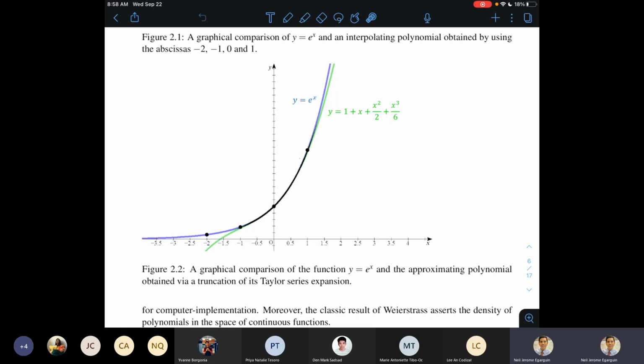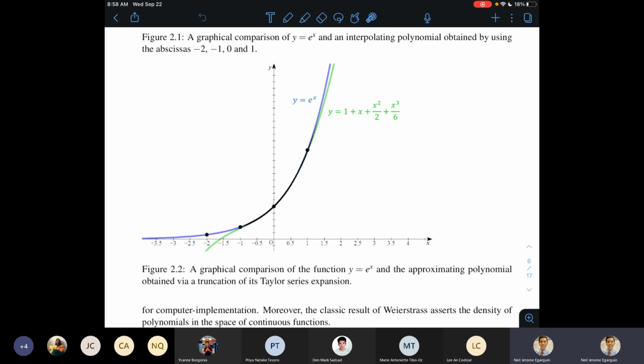Pero kung makikita nyo, hindi nag-intersect yung dalawang graphs sa x equals -2. And they are barely intersecting at x equals -1, as well as at x equals 1. I don't know kung nag-intersect sila sa 0. Yes, I think they intersected at 0 kasi ang function value nito at x equals 0 is also 1. Pero that's just a coincidence.